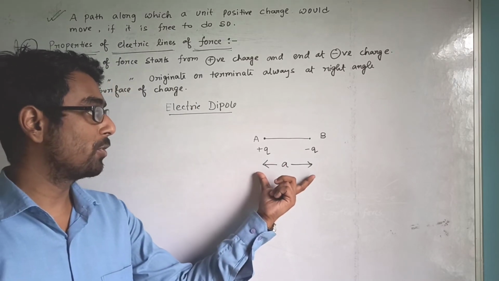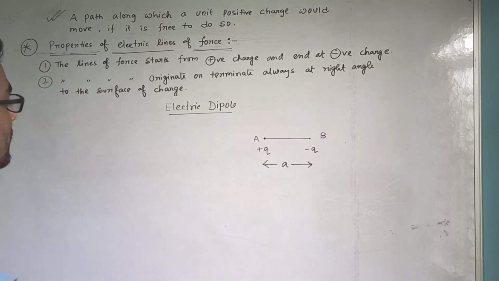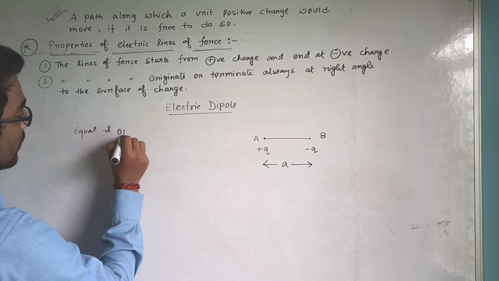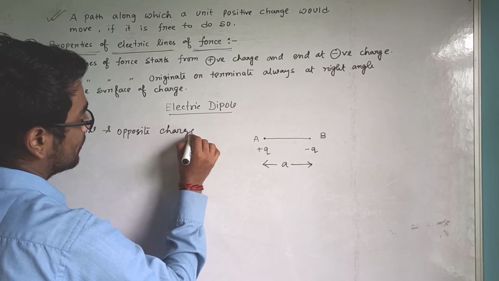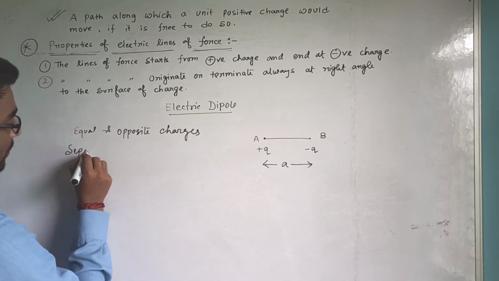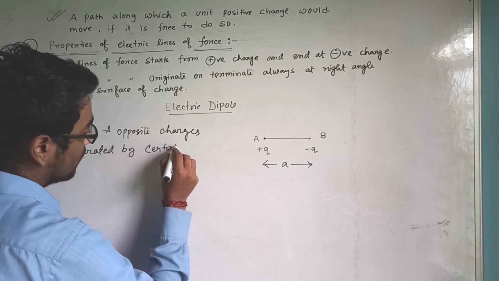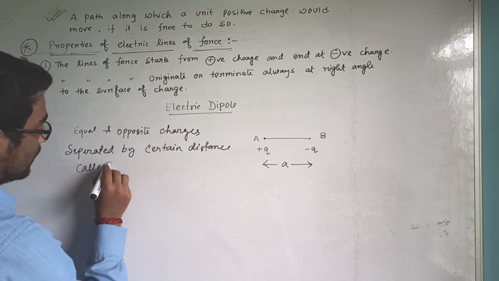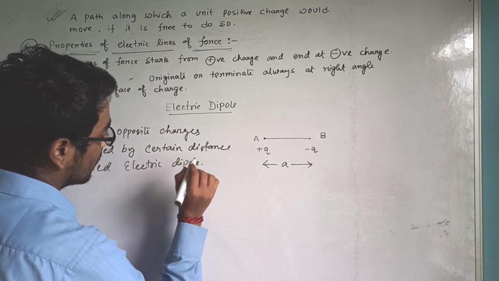Whenever two charges of same magnitude, equal and opposite charges separated by a certain distance, it is called an electric dipole. Clear?